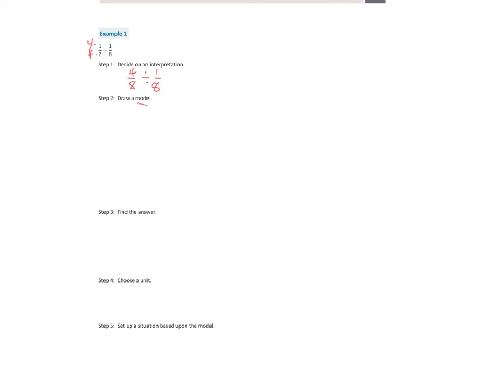Okay, and then it says they want a model. So it could be a tape diagram or it could be a fraction bar. It's totally up to you, but I know that the denominator tells me how many pieces I'm going to have. So if I chop this up, I'm going to have a total of 8 pieces, and it tells me that I'm also dividing it by 1/8.